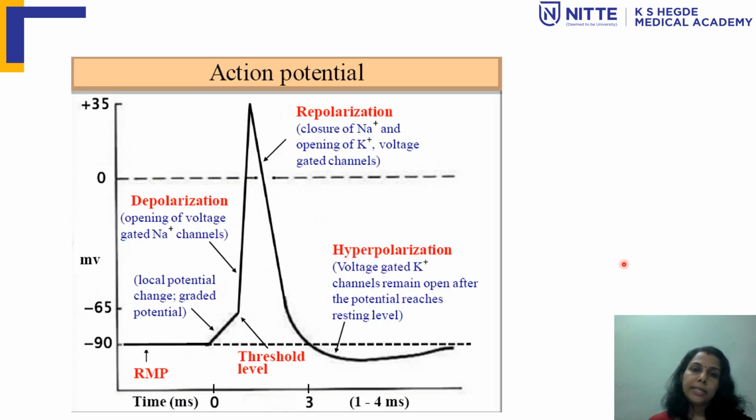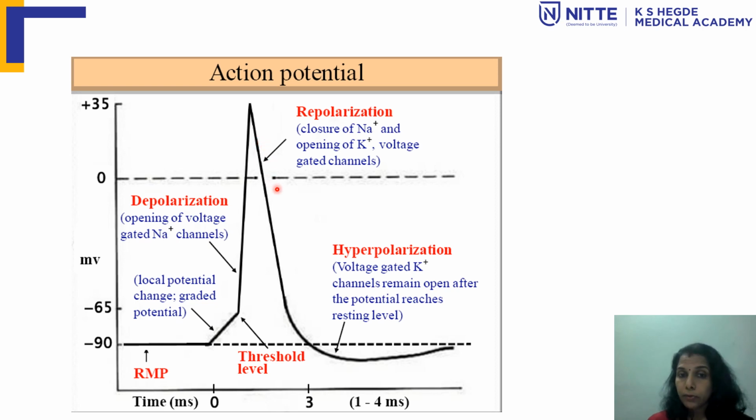I'll just summarize in this slide. That is the resting membrane potential I told. Then slowly there will be a phase of depolarization. Slowly the channels will open here. Okay, graded. Then there will be a rush, which leads to the rising phase, that is the depolarization phase. Then slowly the sodium channel closes.